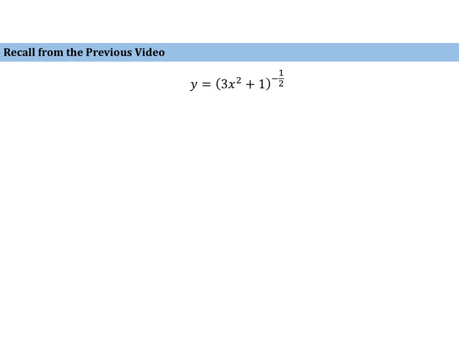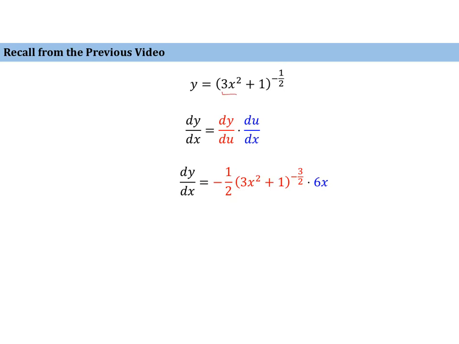So remember from the last video that 3x squared plus 1 is what we called u, the inside function. So that 3x squared plus 1 was the inside function.